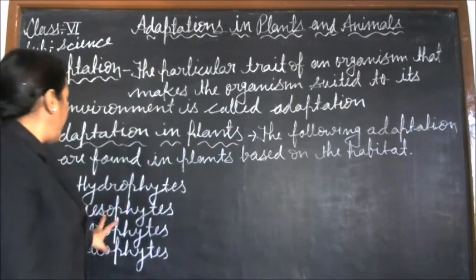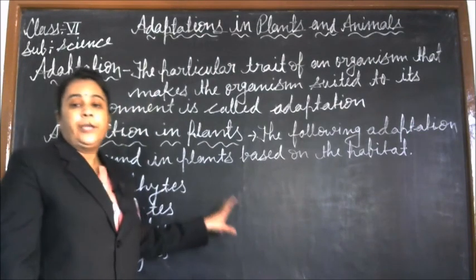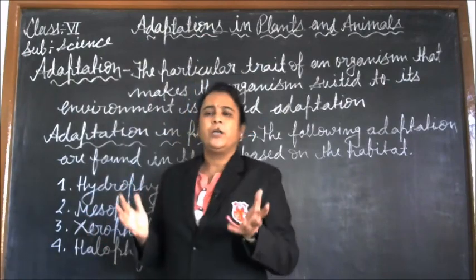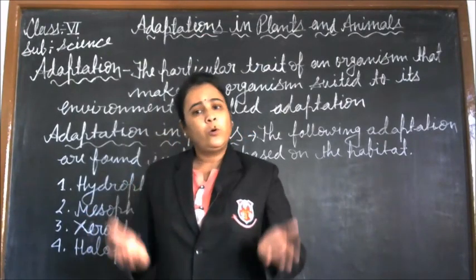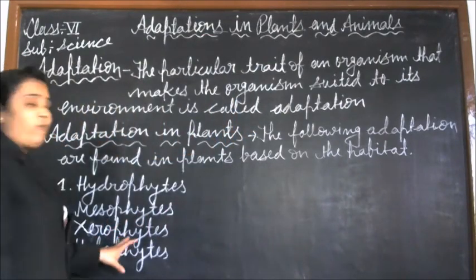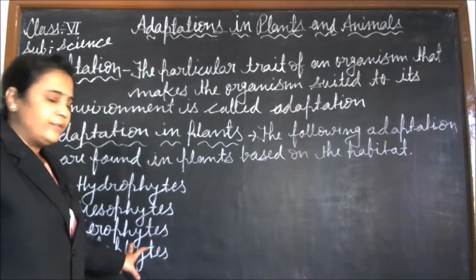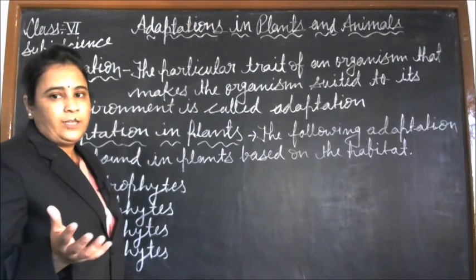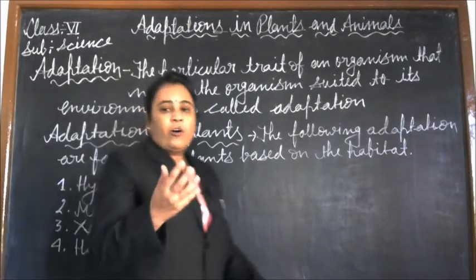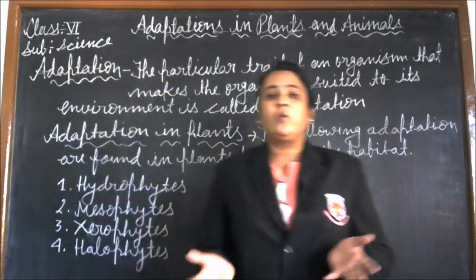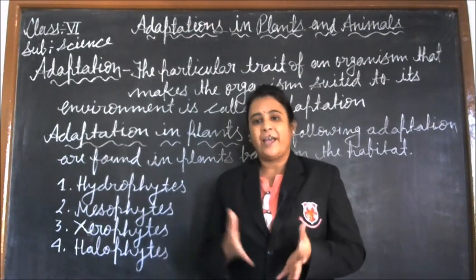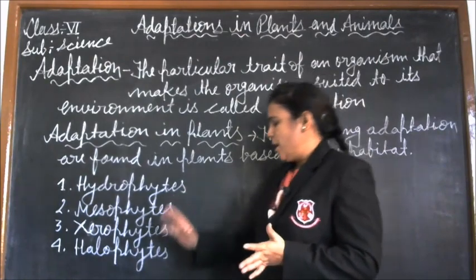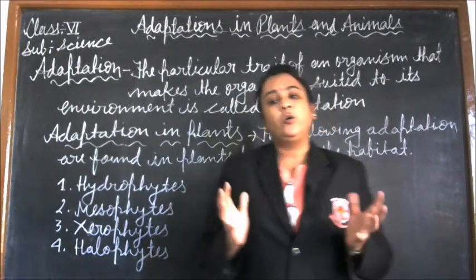Mesophytes grow in plains where the atmospheric condition is neither too hot nor too cold. Xerophytes grow in desert. Halophytes grow where the soil is saline, that is, inorganic salts like sodium chloride and magnesium chloride are present in the soil. These plants are also known as mangrove plants.